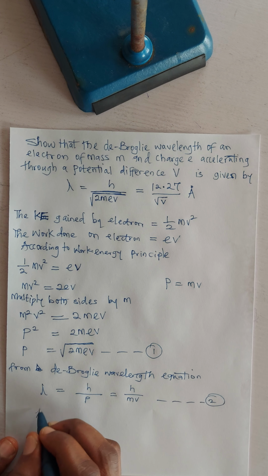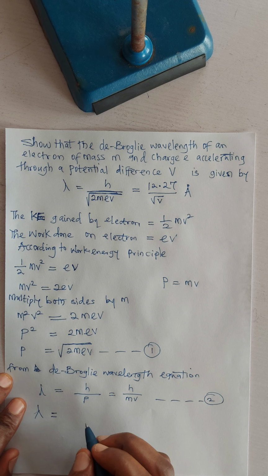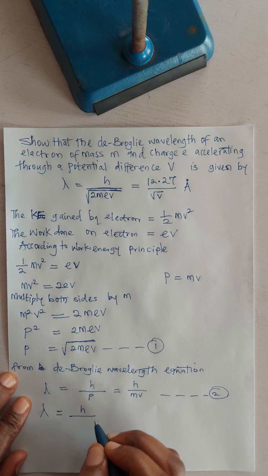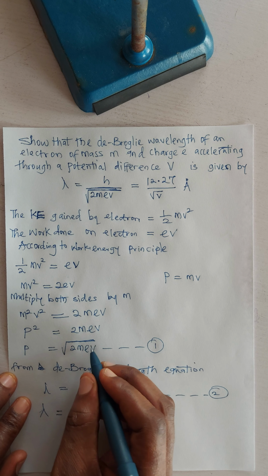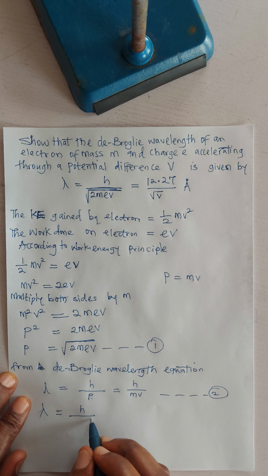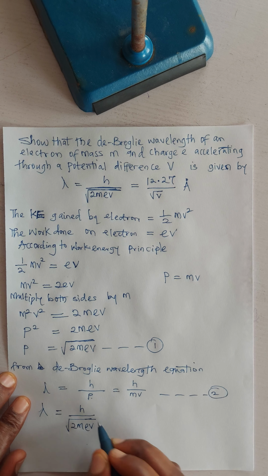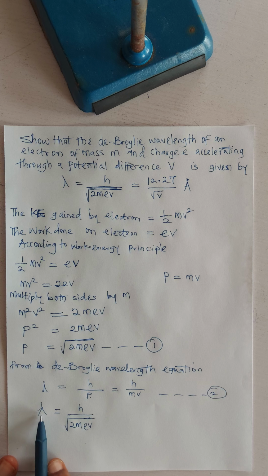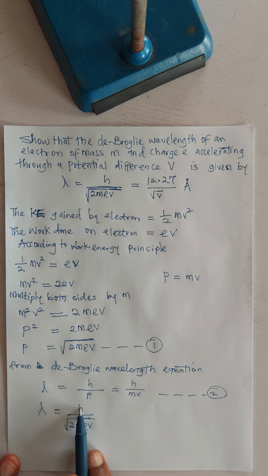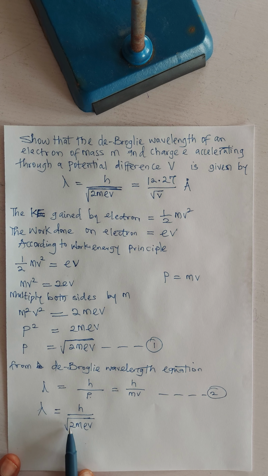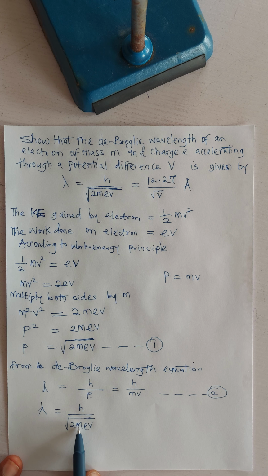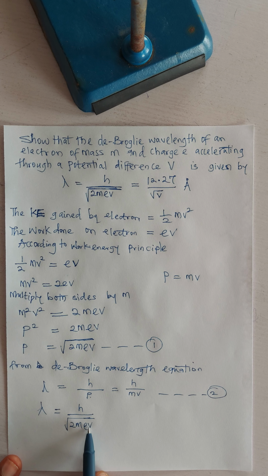I'm going to have lambda is equal to h over, okay, I'm putting this expression now in place of p, square root of 2meV, right? So this is the de Broglie wavelength. The de Broglie wavelength lambda is equal to h, which is Planck constant, all over square root of 2 multiplied by mass of the electron, multiplied by charge of the electron, multiplied by the potential difference.